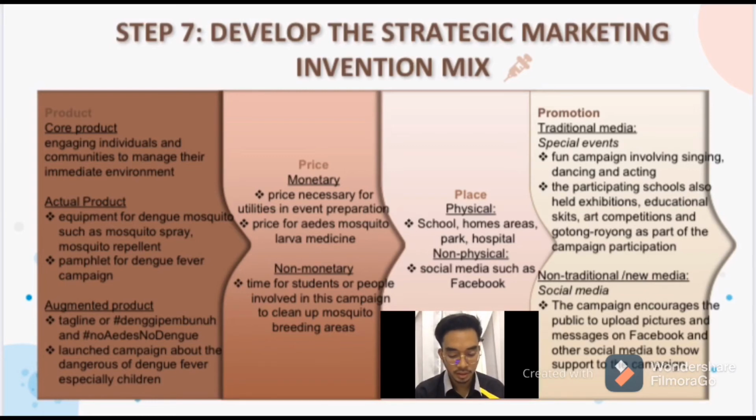Non-monetary is the intangible goods and services such as time, effort, energy, psychological risk and psychological discomfort that the priority audience needs to face.